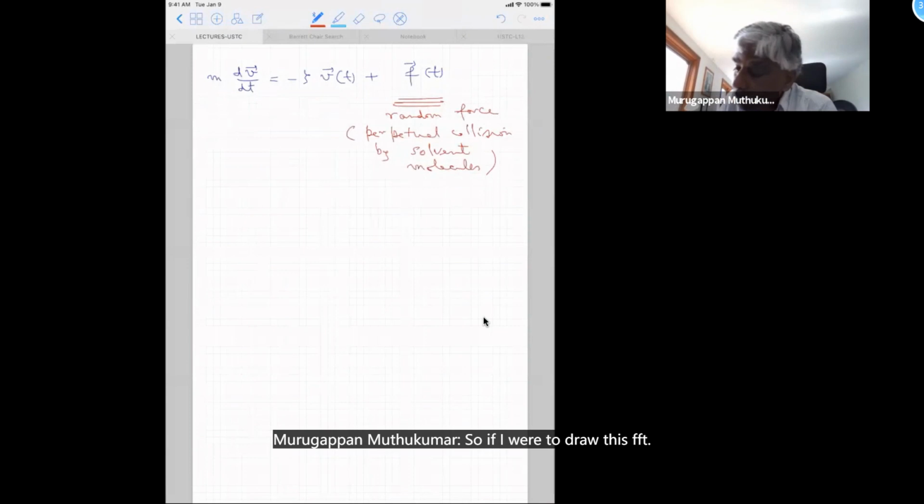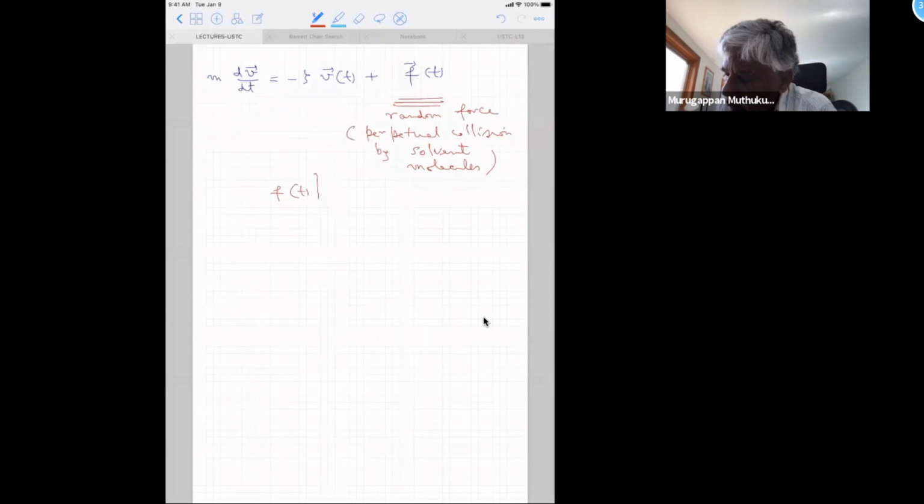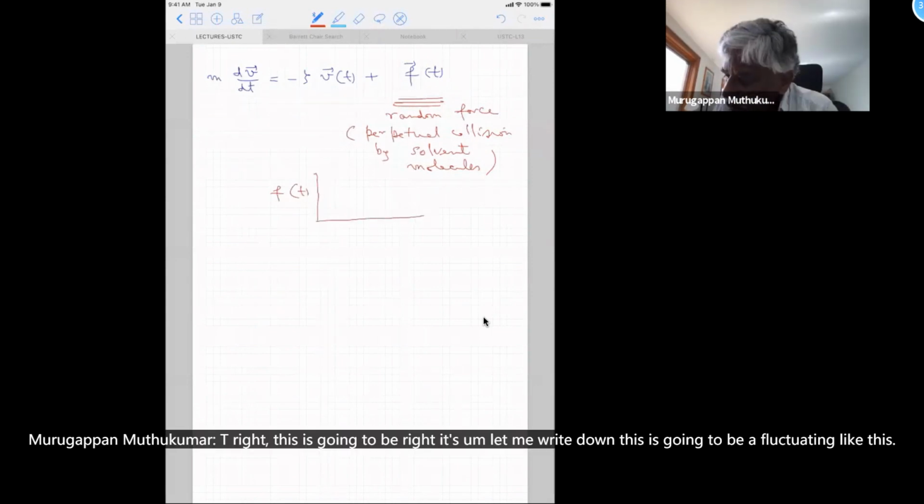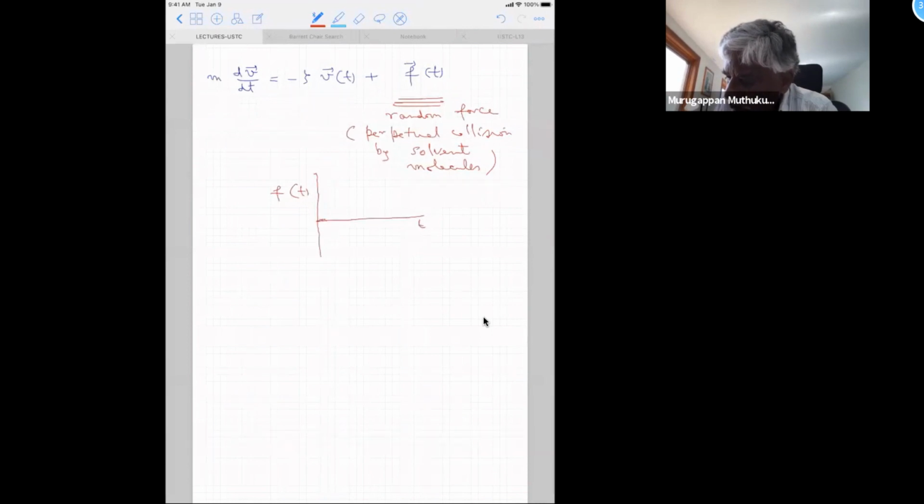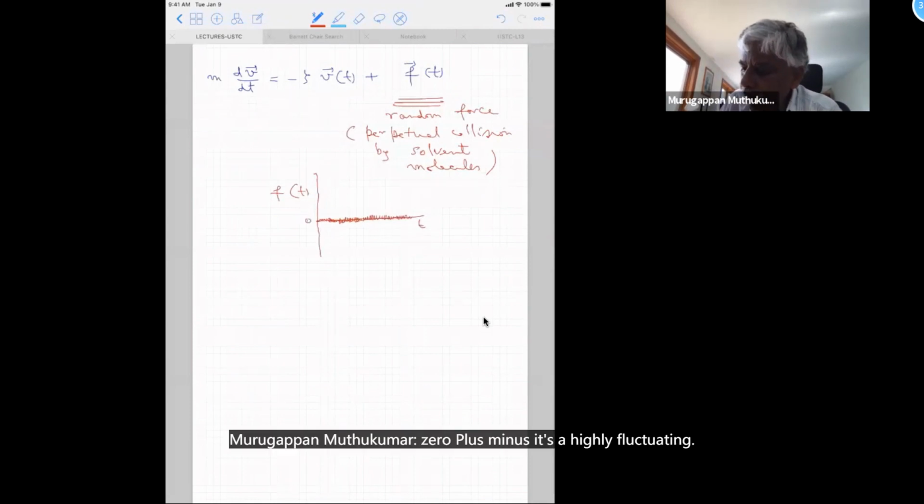So if I were to draw this f(t), some component, say, along t, this is going to be fluctuating like this. This is random force, 0, plus, minus.